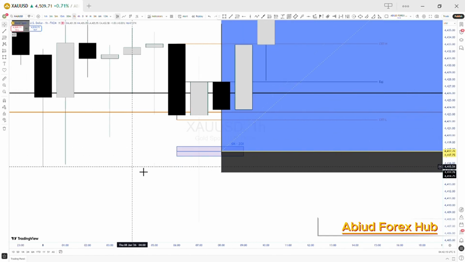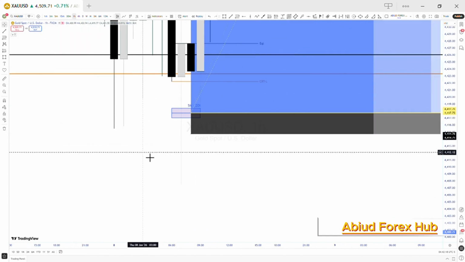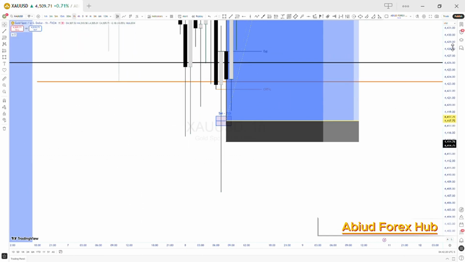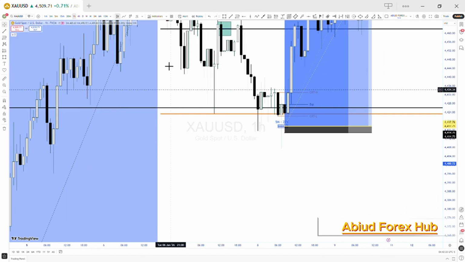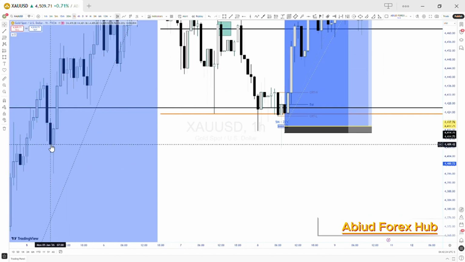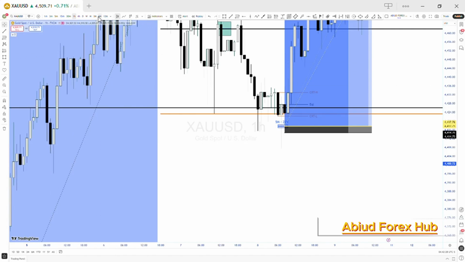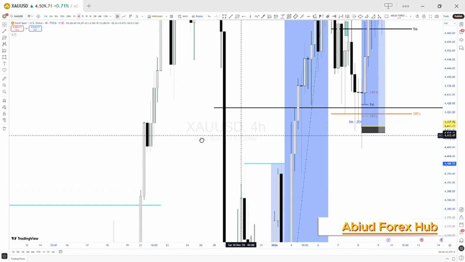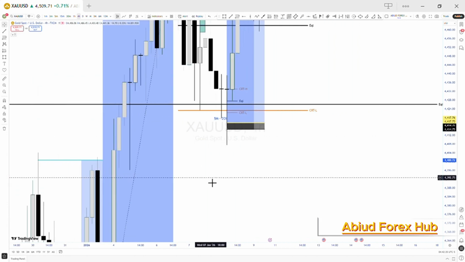And with the 1 hour CRT, what do we have? The 1 hour CRT, when you go and you look at it from this point, do we have our zone of interest here? Yes, we have.